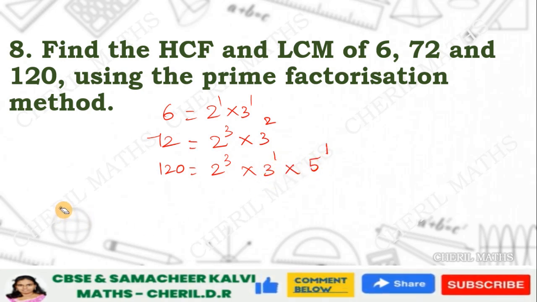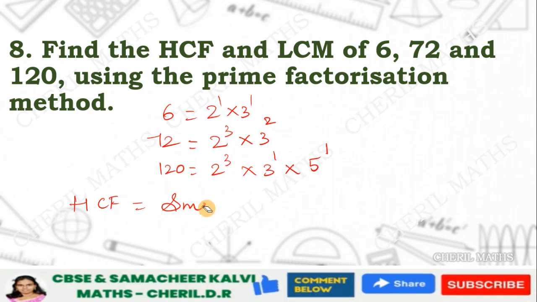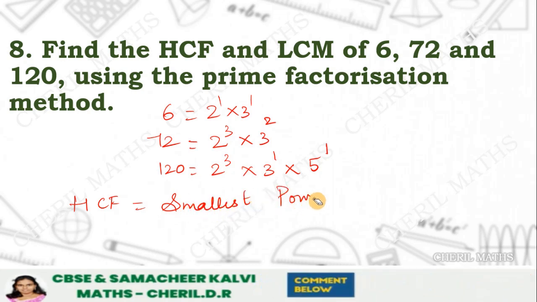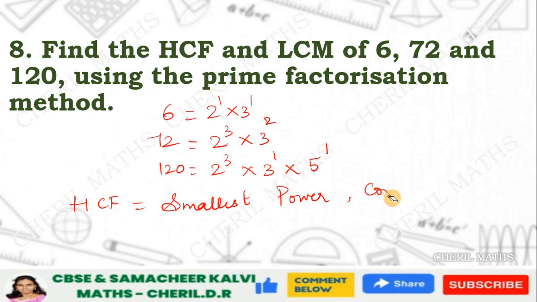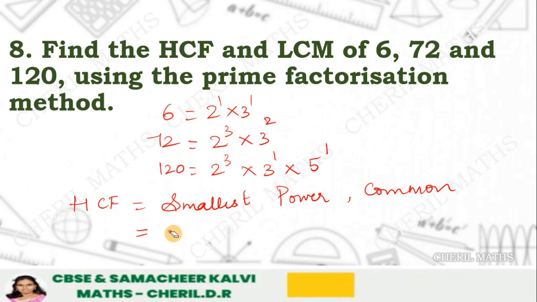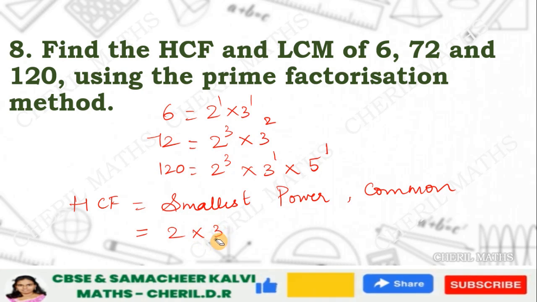So what do you know about the HCF? HCF is the smallest power. Smallest, what did I tell you immediately? Common, you should remember: smallest and common. So what are the common factors here? 2 and 3 are common to everything.